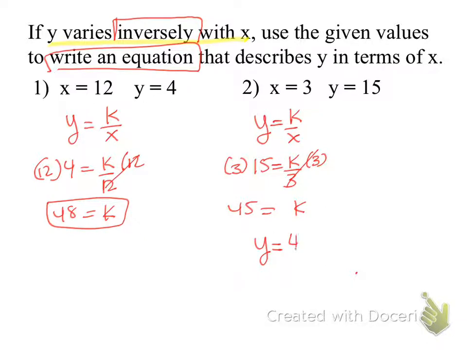Does it equal 45x? Hold on. Is this an inverse variation? It is not. So how do I write it? You told me what the equation was. It's 45 over x. Are you guys clear on that?